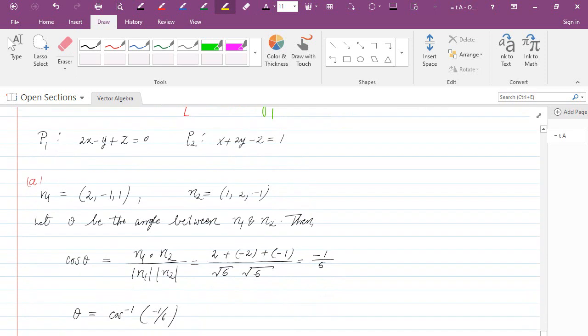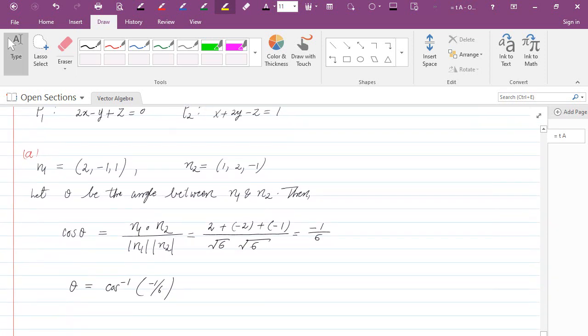So then we find the angle between n1 and n2. If theta is the angle between n1 and n2, then cosine of theta would be given by the dot product of n1 and n2 divided by the length of n1 times the length of n2. So n1 dot n2 is 2 minus 2 minus 1, which would be minus 1.